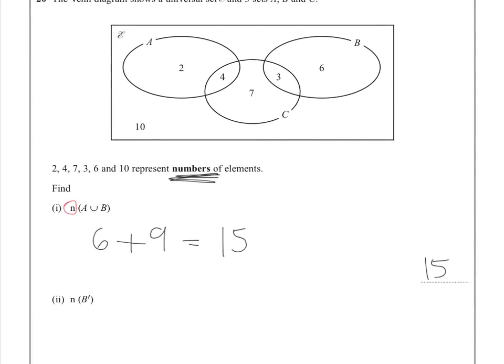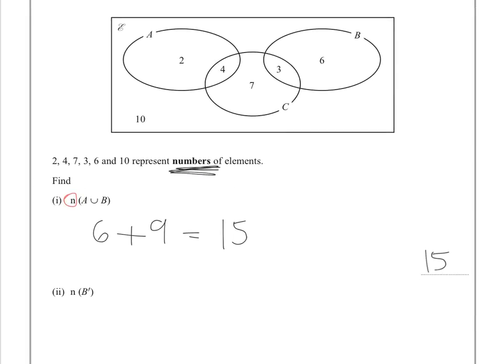Part 2, the number not in B, so B dash means not in B. Well, not in B, we've got 7 in C that's not in B, plus the 4 that are in both A and C, plus 2, plus also the 10 on the outside, which gives me a total of 23.